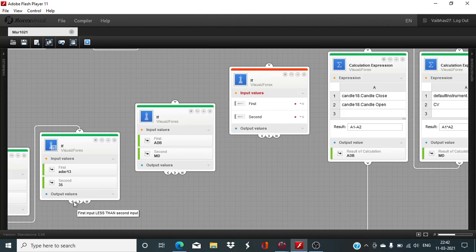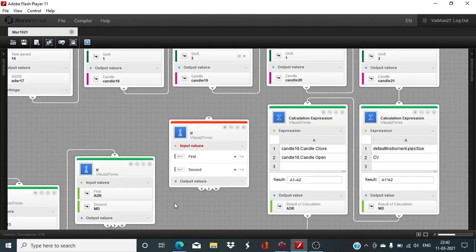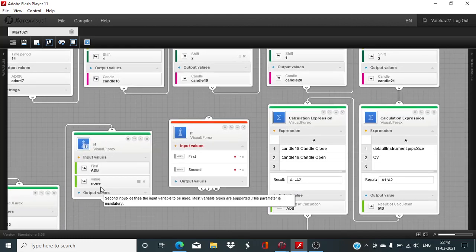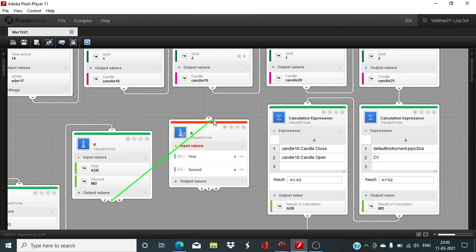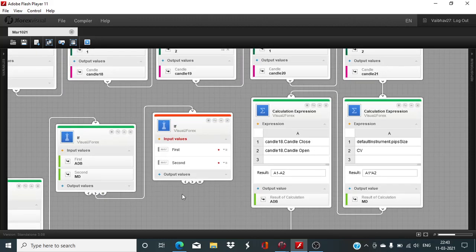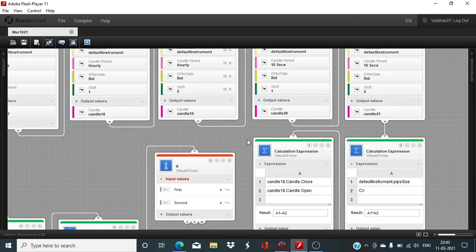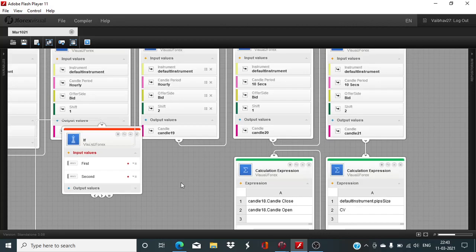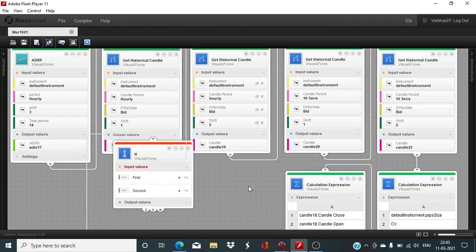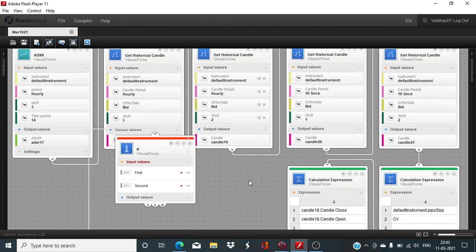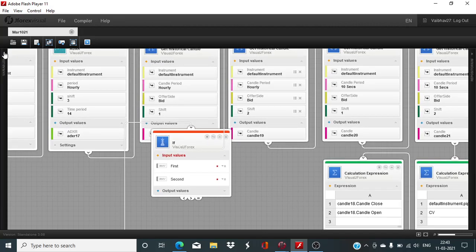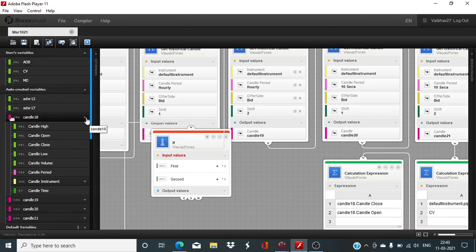Here we have to take first input less than second input, and now coming to this actual difference and minimum defined difference, we need it to be greater. So first input greater than second input, and we need the penultimate candle to have closed lower, that is its closing price was below the opening price. So for that also we will be doing the comparison.